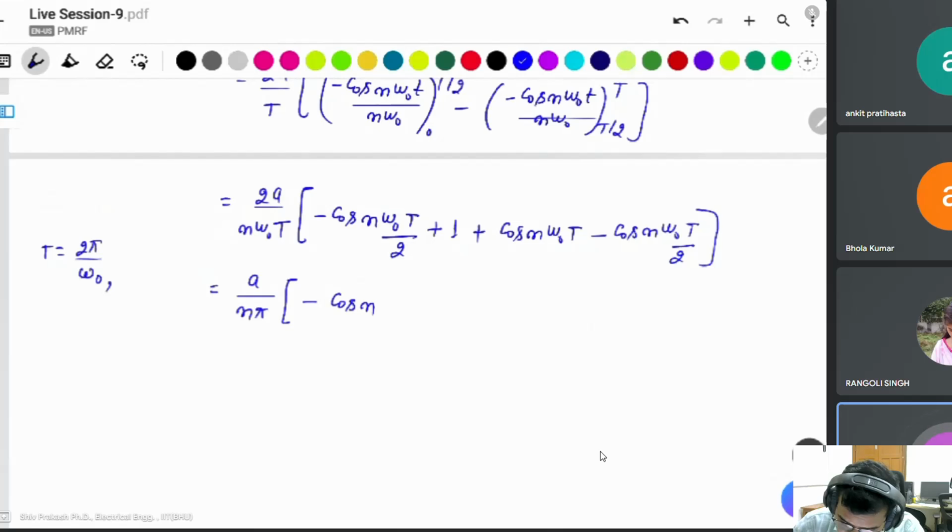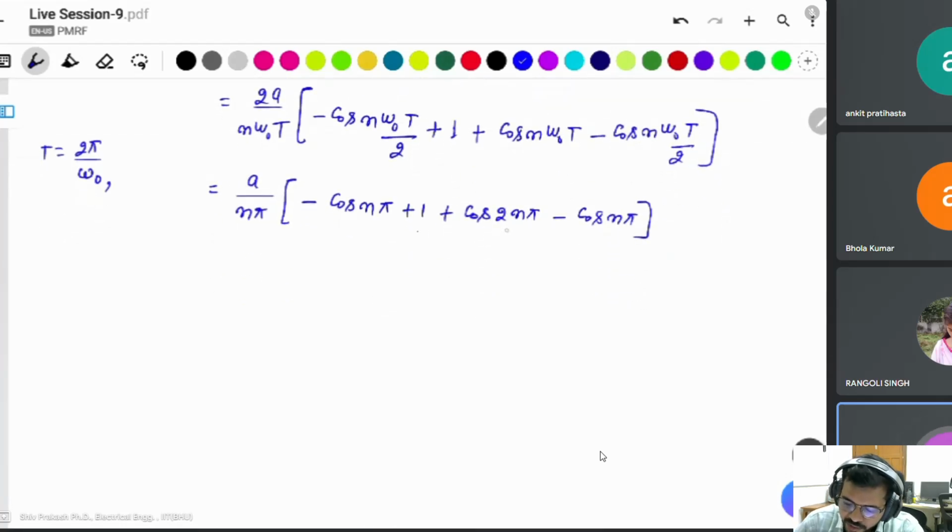If it is 2π, then this will be π only, plus 1 plus cos of 2nπ minus cos of nπ. cos 2nπ, 2nπ means 360 degrees, value is 0, and cos 0 is 1, so 1 plus 1 is 2. This will be minus cos nπ. Then, taking common, this will be 2A divided by nπ times (1 minus cos nπ).